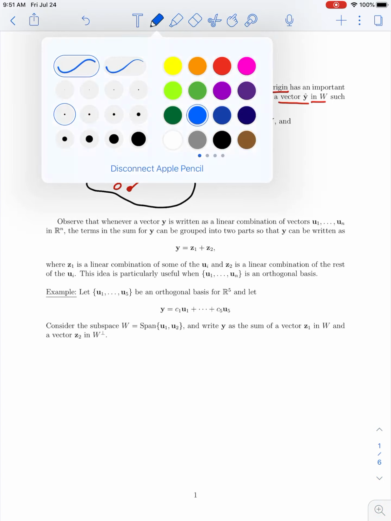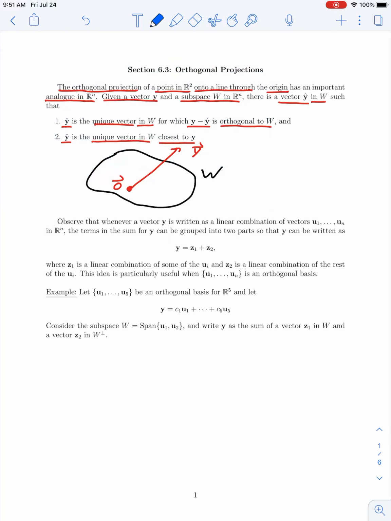So there is some vector which is called y hat in W, which is the unique vector which is closest to the vector y. So we can think about dropping a perpendicular from the terminal point of y onto the terminal point of y hat so that this distance is a minimum.